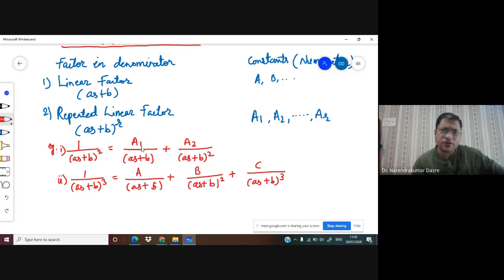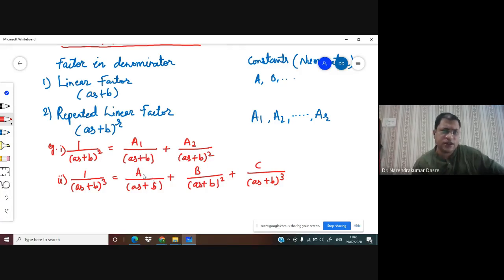So you need to understand one thing, that for each factor the numerator will be different. Here purposely I have used a1, a2, a3 so you can understand this sequence, or you can use different symbols for every factor.